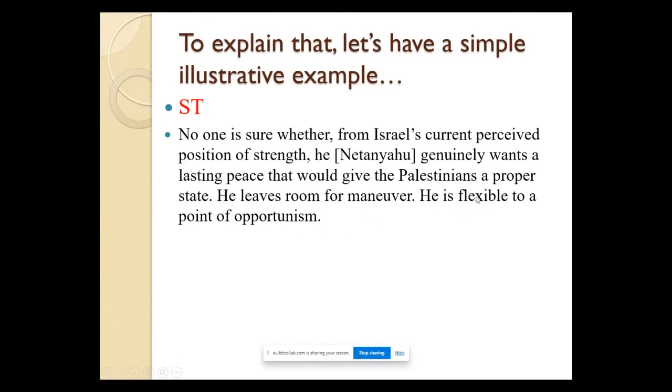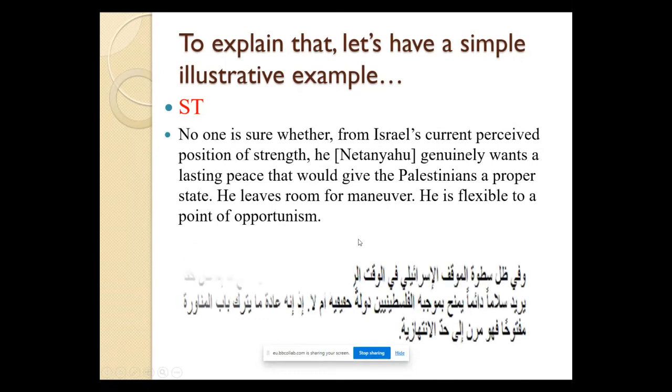This looks like the result of the preceding sentence, right? Or this explains what is meant by the preceding one, right? So we consider this to be an explanatory sentence. So let's have a look at the translation.